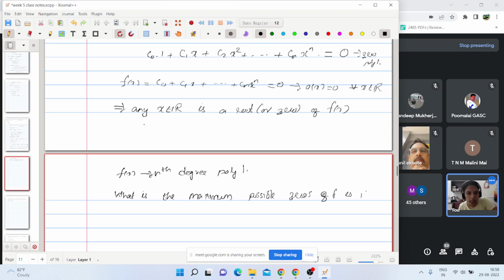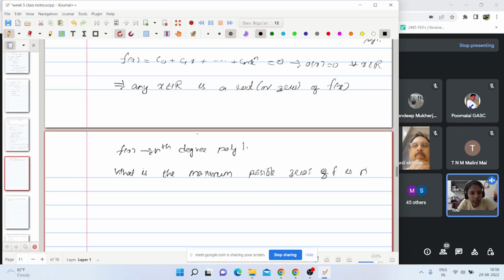That means f of x has an infinite number of zeros, so f of x is trivially the 0 function.